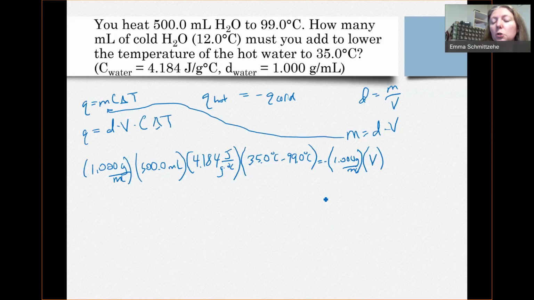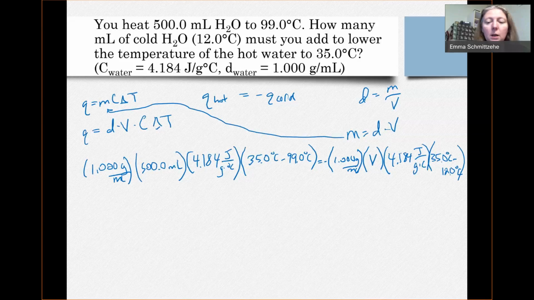That's something that usually people do miss, but if you miss that, your answer is going to come out really crazy. So we got to make sure we have that negative. So heat capacity, and then the change in temperature, final is 35.0 degrees C, minus our initial was 12. So almost kind of ran out of space there.